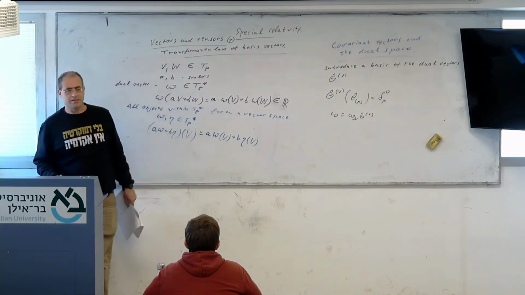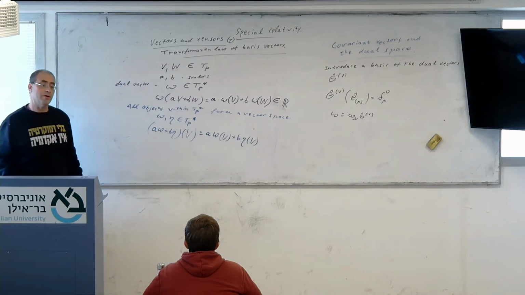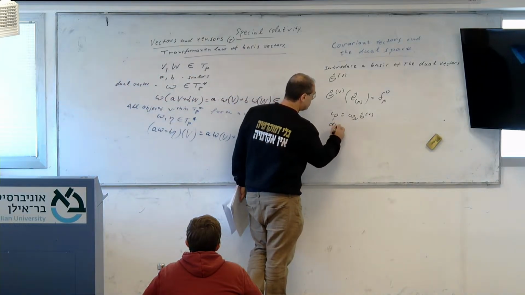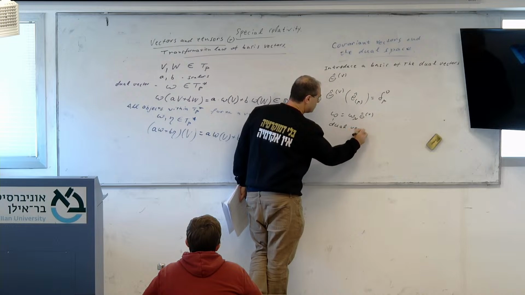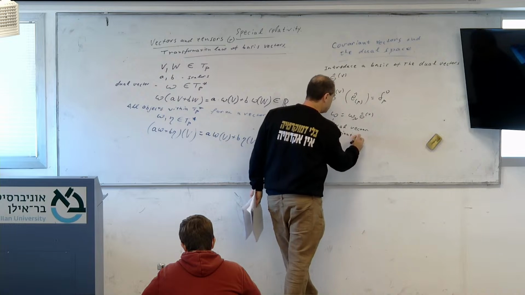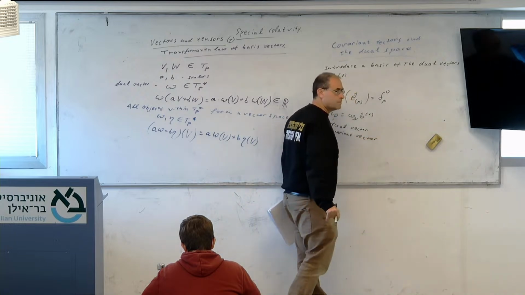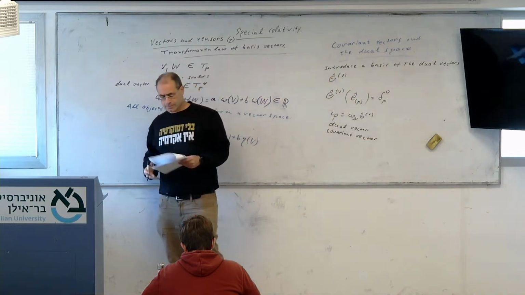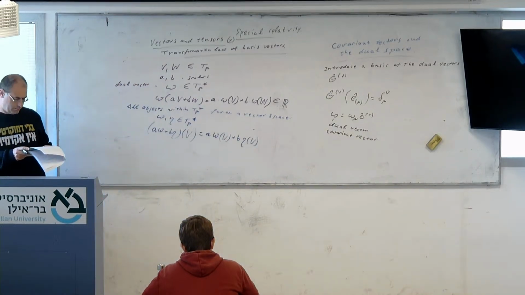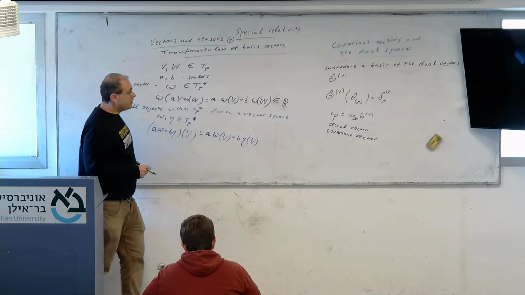Well, it's called a covariant vector. It's called a dual vector. Another name indeed is a covariant vector. A third name is called one form.